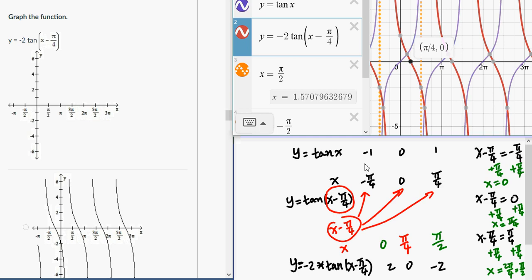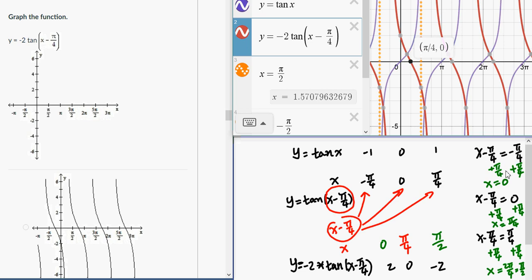Similarly for those two key values. Previously you need -1 for y, so x just needs to be negative pi over 4. Now this quantity is x minus pi over 4. So in order to have the value behind tangent be negative pi over 4, you need x minus pi over 4 to be this quantity. You set up an equation here.